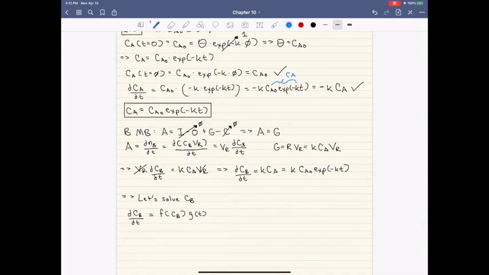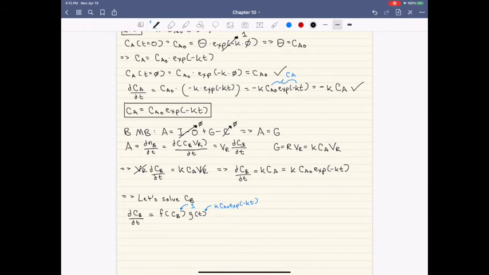For the Cb term, there's no explicit Cb variable on the right-hand side, so we could just say this is 1. And then for the g of t part, it's basically equal to everything on the right-hand side: K, Ca naught, exponential of negative Kt.